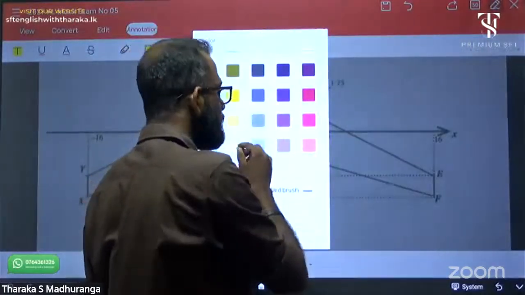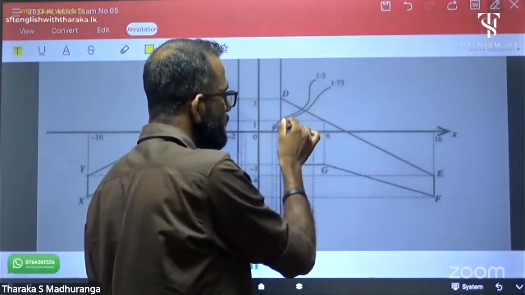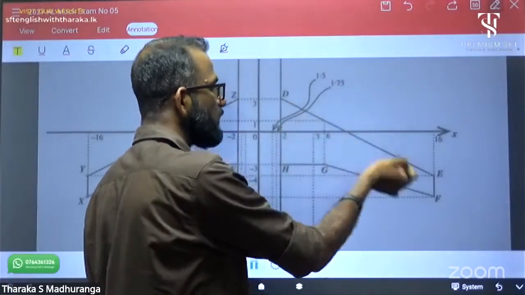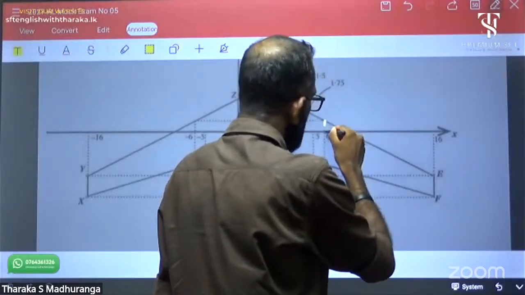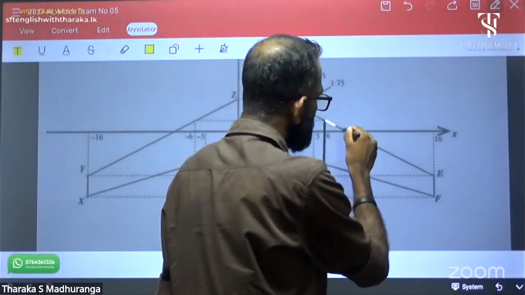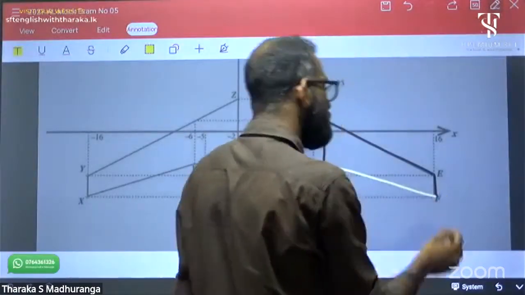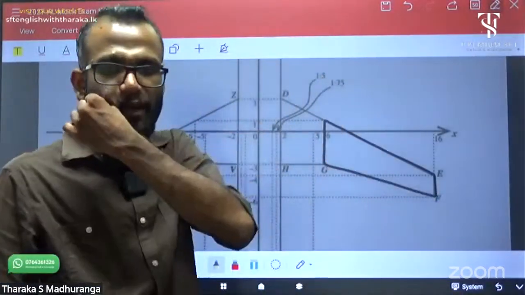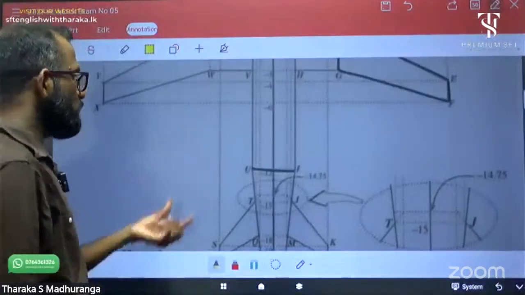You have two options. You can think it is a rectangle and triangle and trapezium. If not, think this is one trapezium, right? It's a trapezium. Do you know how to identify a trapezium and a parallelogram separately? That is very important in maths questions.